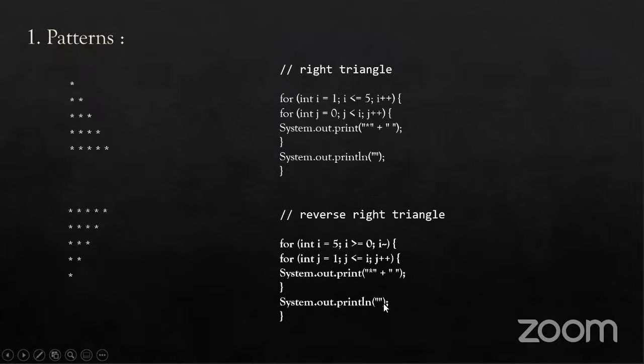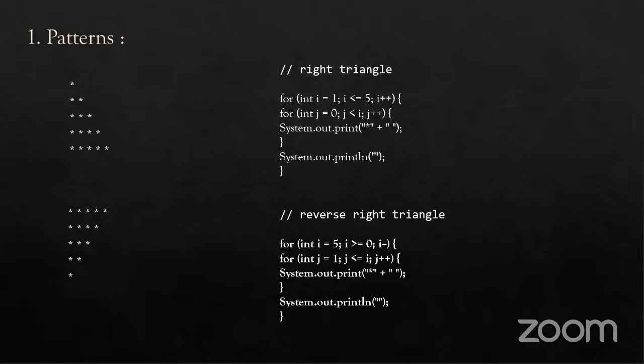Here we need to give firstly how many lines, I mean how many columns. It is based on the rows and columns. So firstly in the reverse right triangle, we need to give how many columns we have.